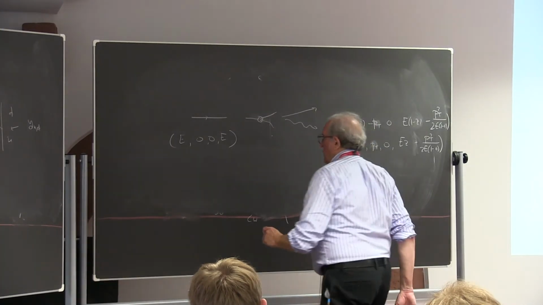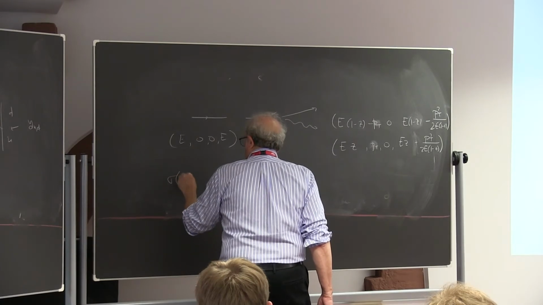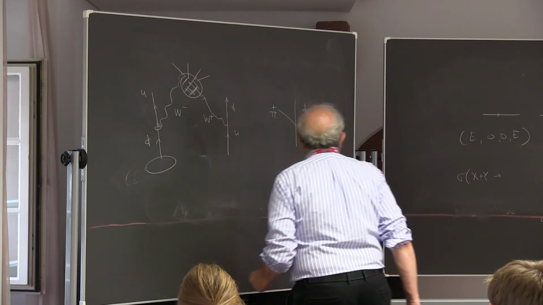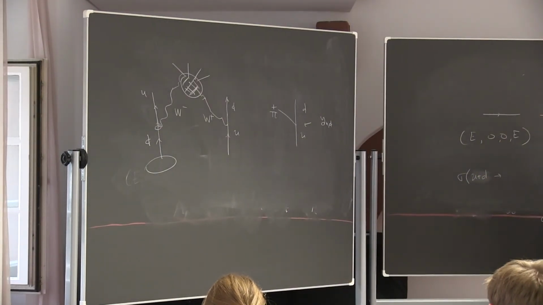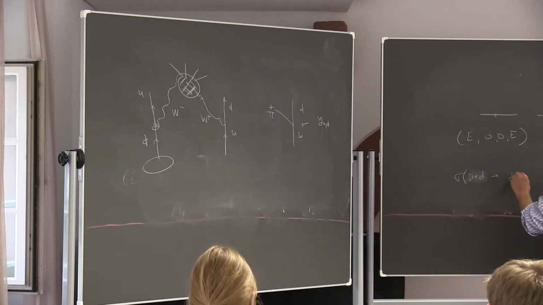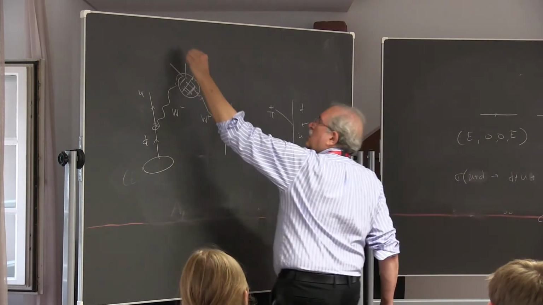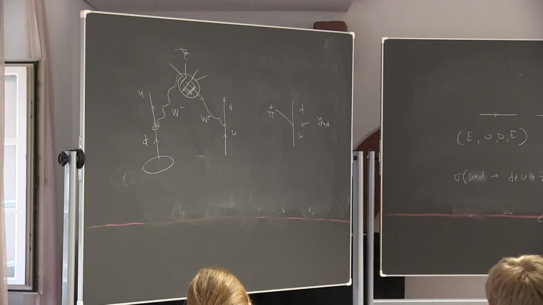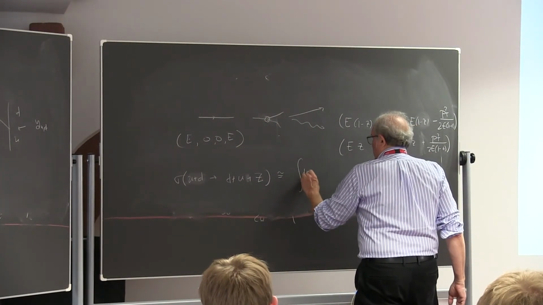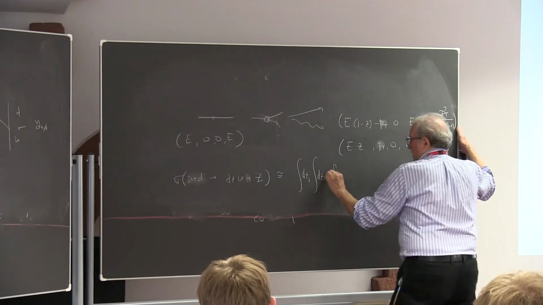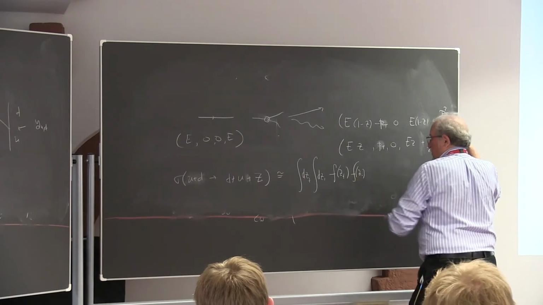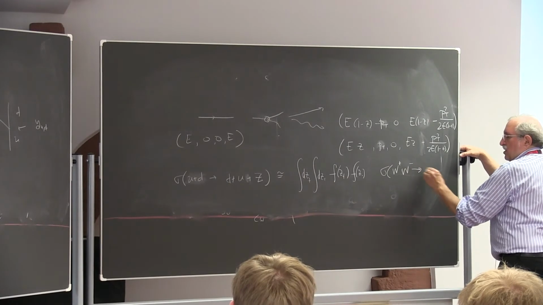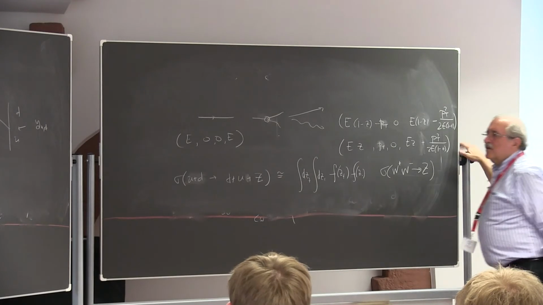Okay, so what you find is that the cross-section for, let's say, u plus d goes to d plus u plus whatever is the final state, Z up here, is equal in the first approximation, as you let PT get very small, to the integral dZ plus and dZ minus of f of Z plus, f of Z minus, times the cross-section for a W plus and W minus with the momentum fractions Z plus and Z minus going to Z. And, well, I guess by Z I didn't mean the Z boson.